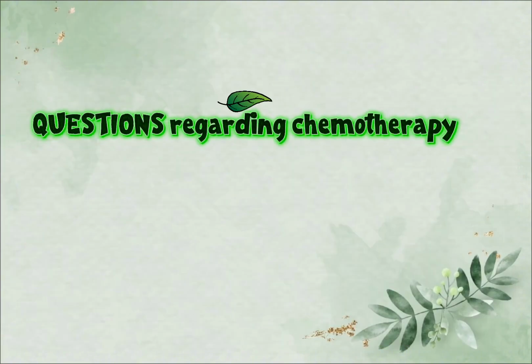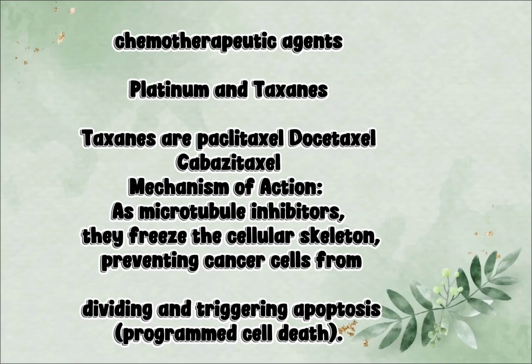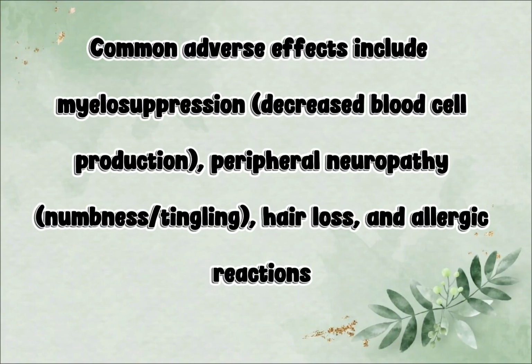Regarding chemotherapy, they ask about the agents being used like platinum-based, taxanes, immune checkpoint inhibitors, and PARP inhibitors. Then taxanes include paclitaxel, docetaxel, cabazitaxel, and what is the mechanism of action? They inhibit the microtubules.